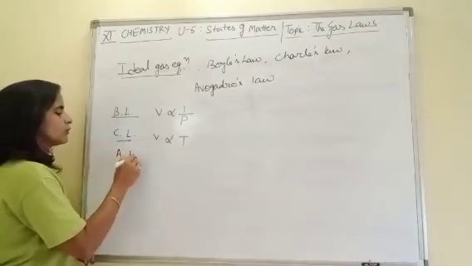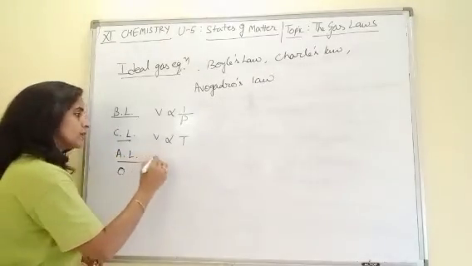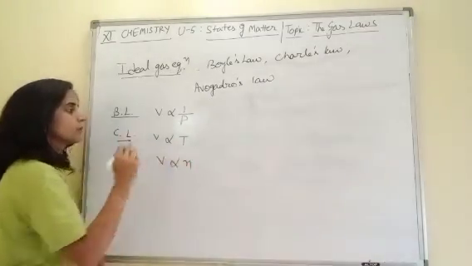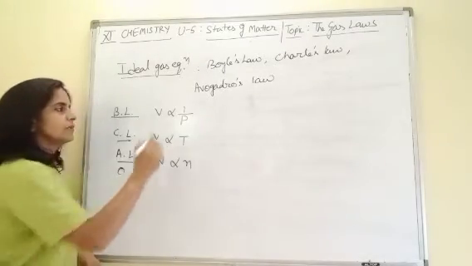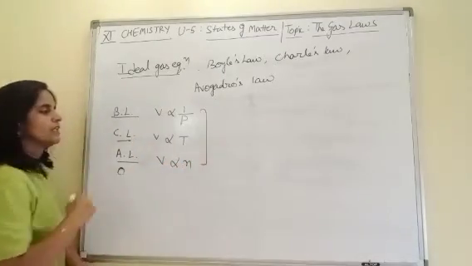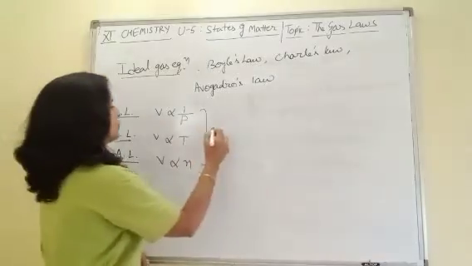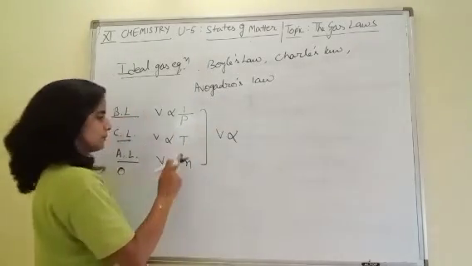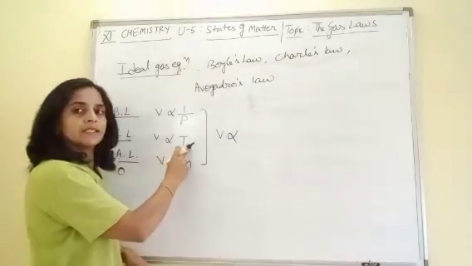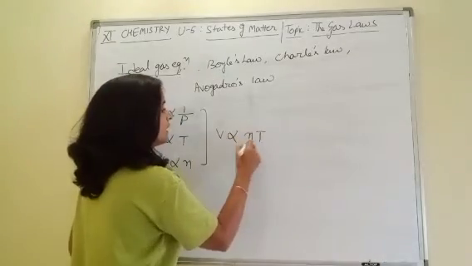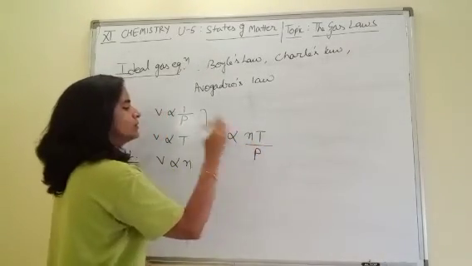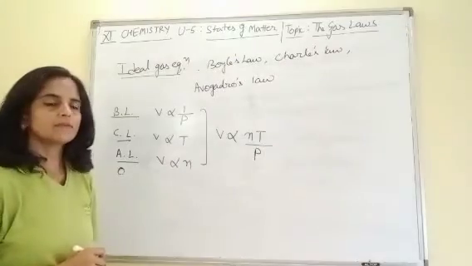Then I take Avogadro's law. According to Avogadro's law, volume is directly proportional to number of moles. So what would be the combined form of all these laws? Volume is directly proportional to number of moles and temperature, and inversely proportional to pressure.